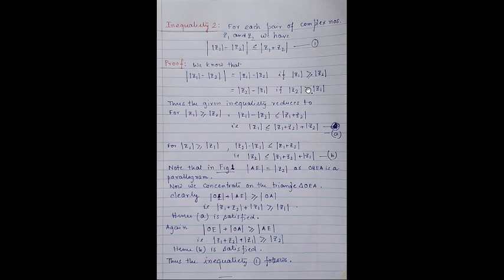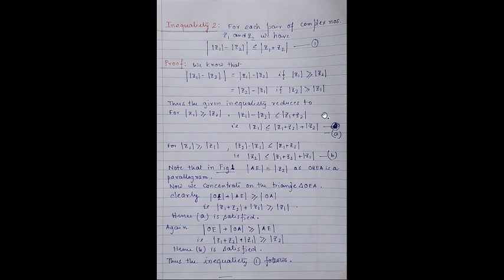Now we have two cases, this case and that case. We will prove this inequality for both cases. For this case, that means mod Z1 is greater than mod Z2, we have to show this is less than this thing. That means we have to show mod Z1 is less than this plus mod Z2.